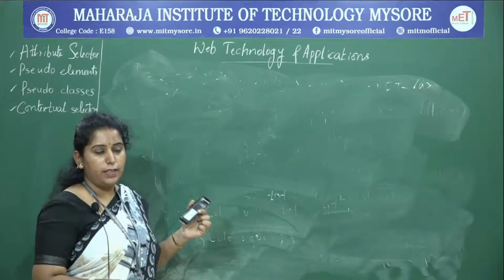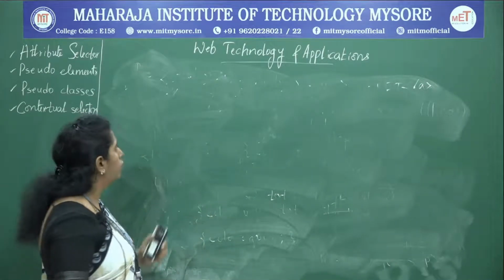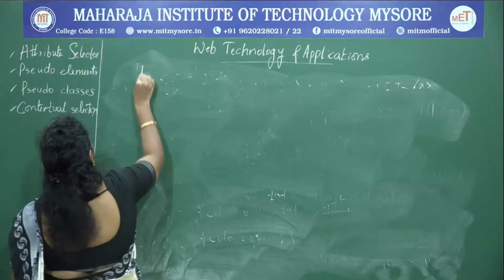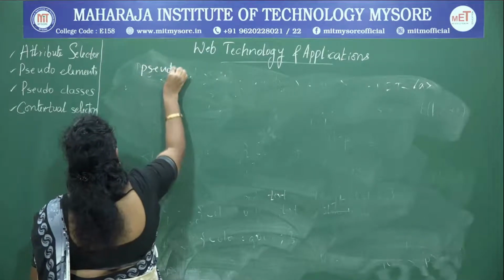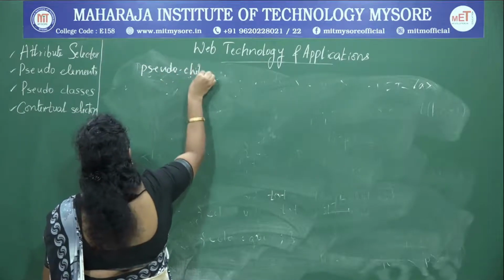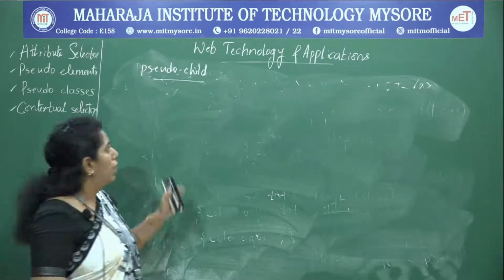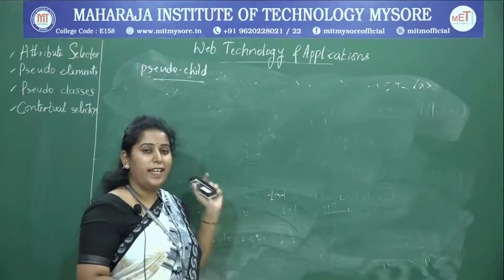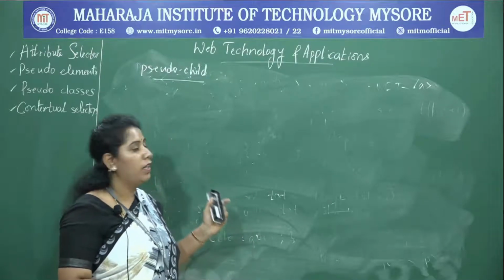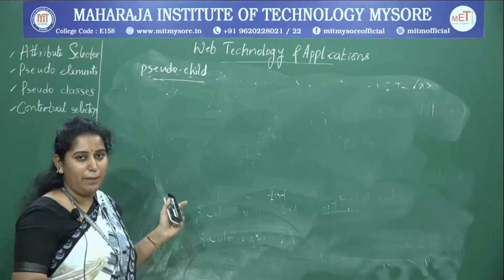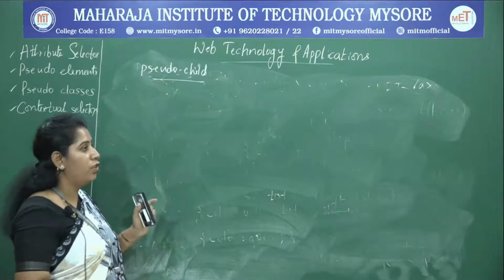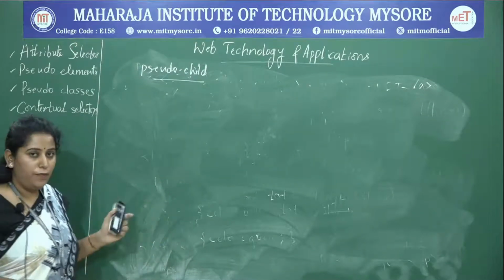In pseudo classes, there is one more property called first child. First child means it selects and styles every P element which is the first child of its parent.